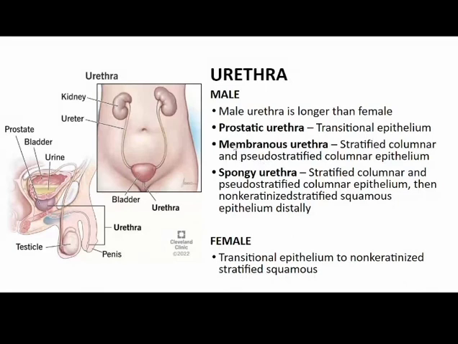So there is no difference between the membranous and the spongy; they are the same epithelium, but distally it changes into non-keratinized stratified squamous. For females, it's only transitional to non-keratinized stratified squamous.